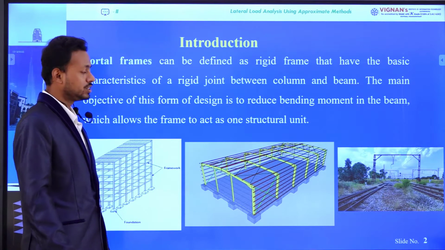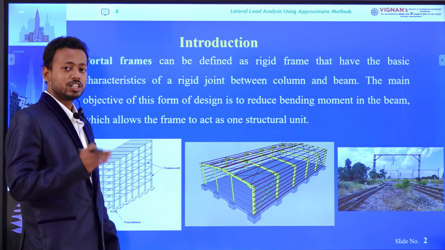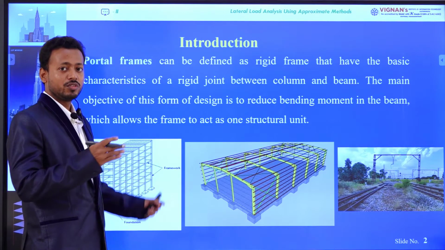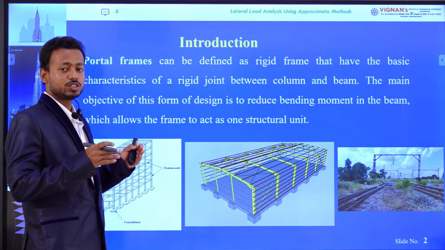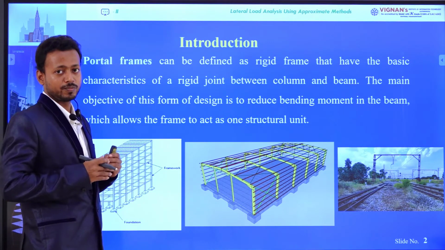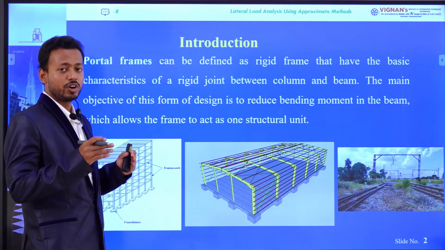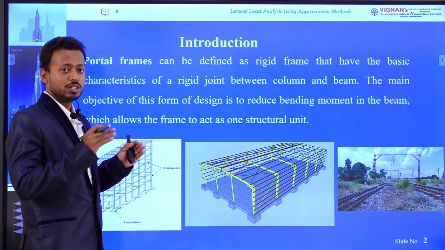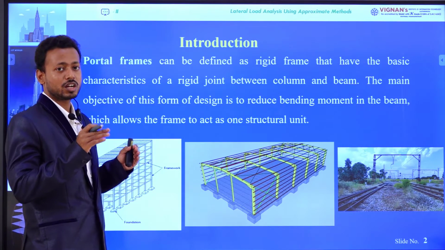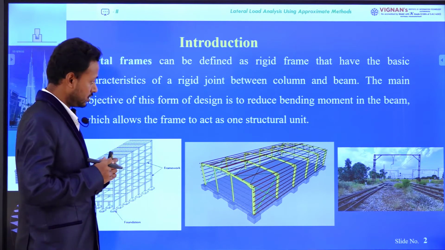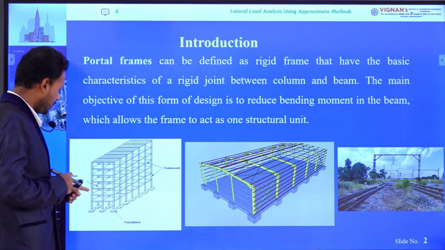The main purpose of providing the rigid joint is to transfer the bending moment from beam to column. This is the main purpose of constructing a portal frame. And if we provide the rigid joint between beam and column, the entire structure will behave like a unit structural component. So, here is the example of a portal frame.